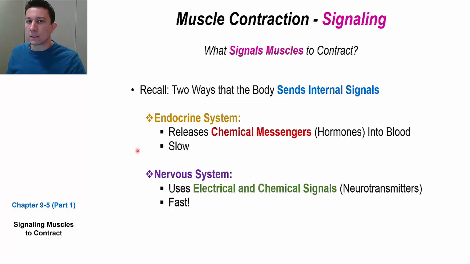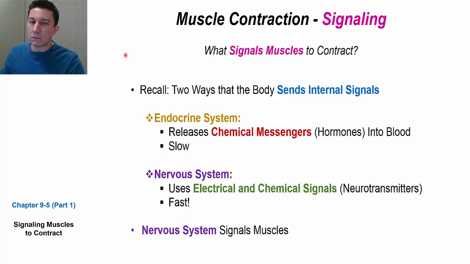The nervous system is able to send messages directly to a target organ within hundredths of a second, so much less than 1 second signaling time. This is a very fast mechanism to directly send signals to the organ system of interest, so it's primarily the nervous system that sends signals to cause skeletal muscles to contract.